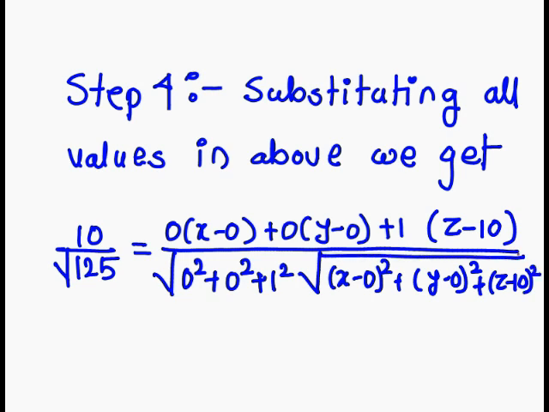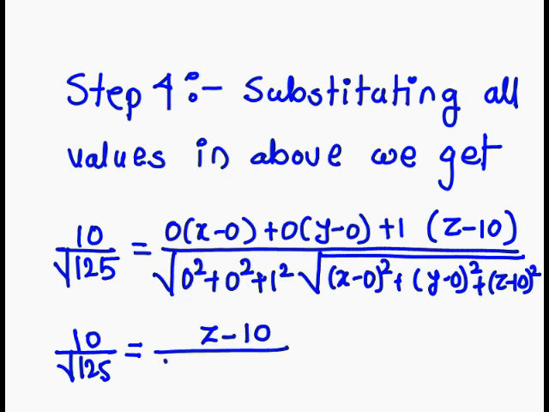Now let me simplify this. We get 10 upon square root of 125 is equal to z minus 10 upon 1 into the square root of x square plus y square plus z minus 10 square.